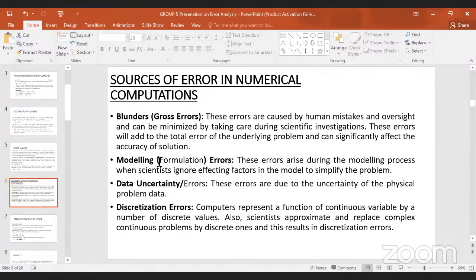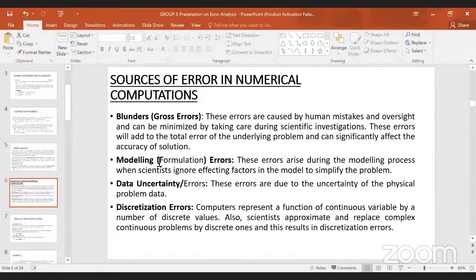Now, the modeling errors arise when scientists ignore certain factors in the model to simplify the problem. We also look at data uncertainty, when the data being used or the problem being addressed has to do with physical data, and because of the cost of gathering it, there might be variations leading to some differences in the answers.